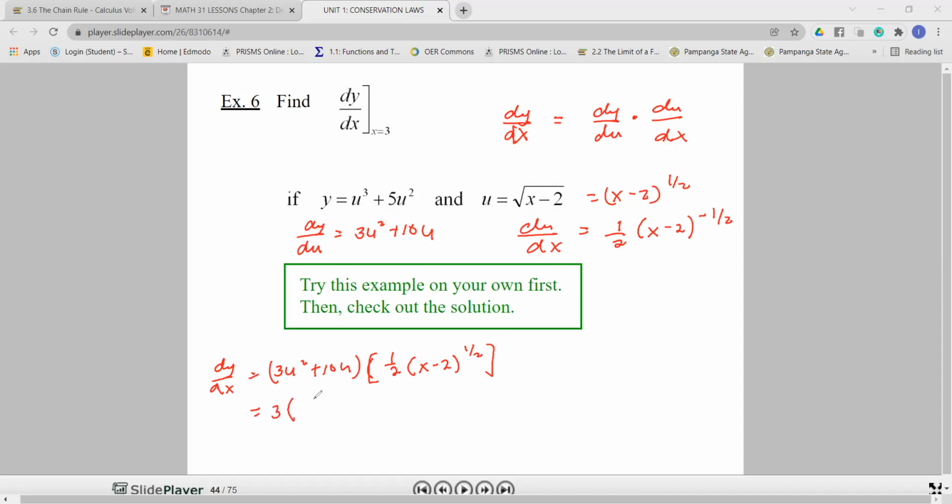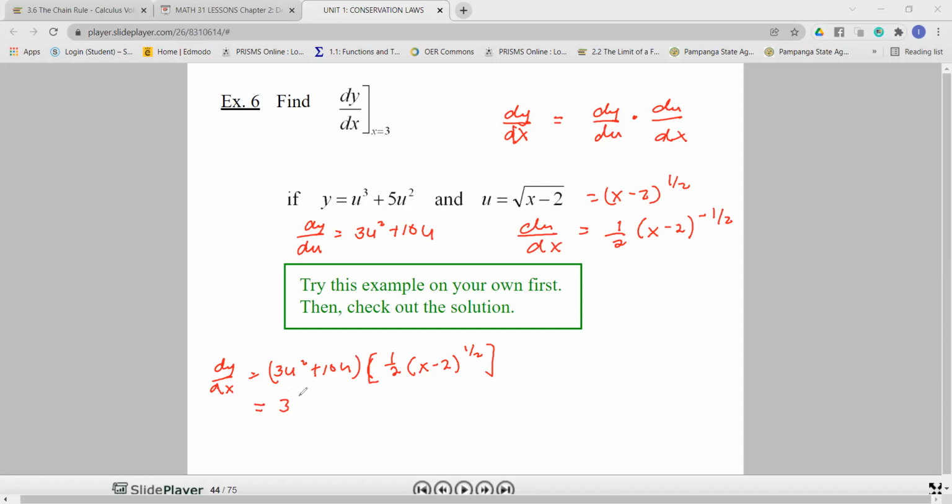3 multiplied by the square root of x minus 2, raised to 2. Notice, equals 3, our u is the square root of x minus 2, and then you square that, it becomes just x minus 2.